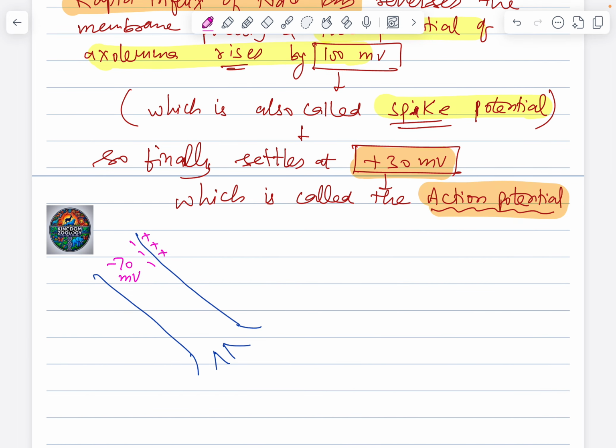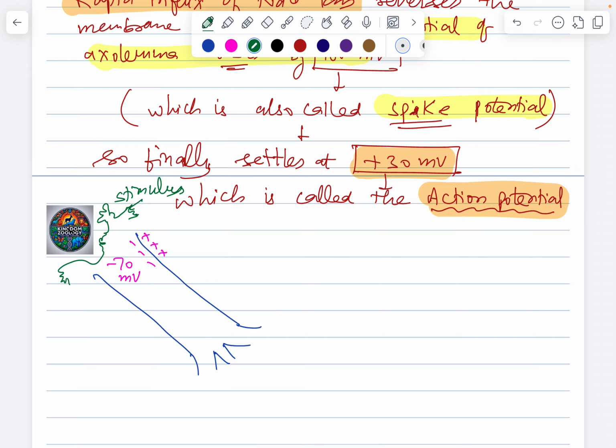As soon as a stimulus is received, let's say the stimulus is received on the dendrons, because they are the sensory parts. These are the dendrons. There's a cell body, and what is arising from the cell body is the axon. As soon as the stimulus is collected at the dendrons, structural changes from here till here will result in opening of sodium ion channels.